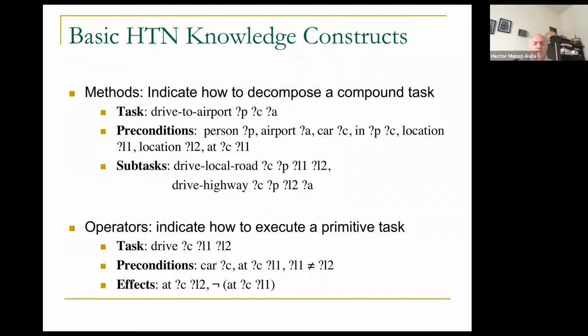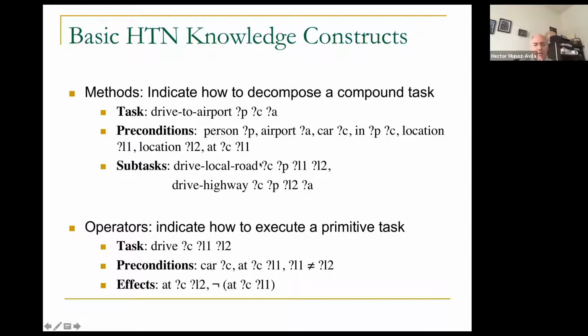So here is an example of a method. A method indicates how to decompose a task and when to decompose it. The how is, I'm driving to the airport, and there are three variables here, P, C, and A, and there are two subtasks: I have to take a local road, and then take the highway, and I'll get to the airport.